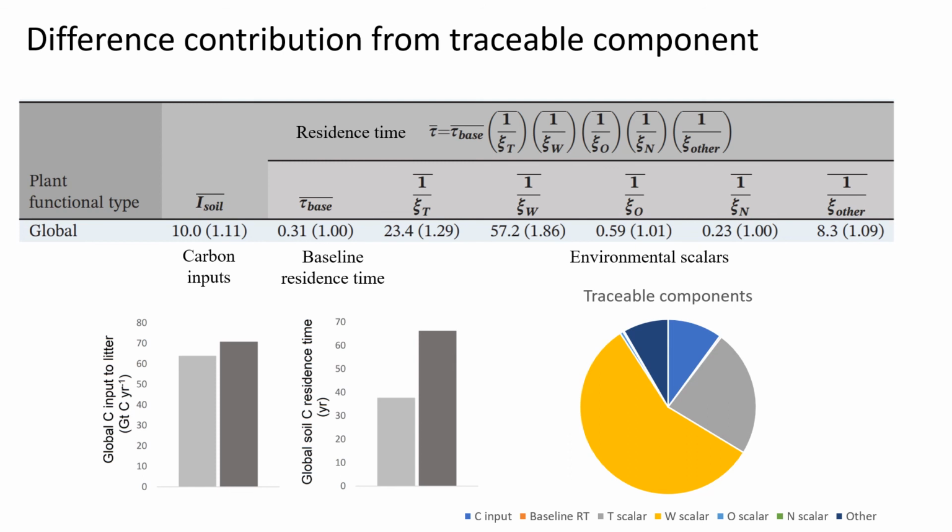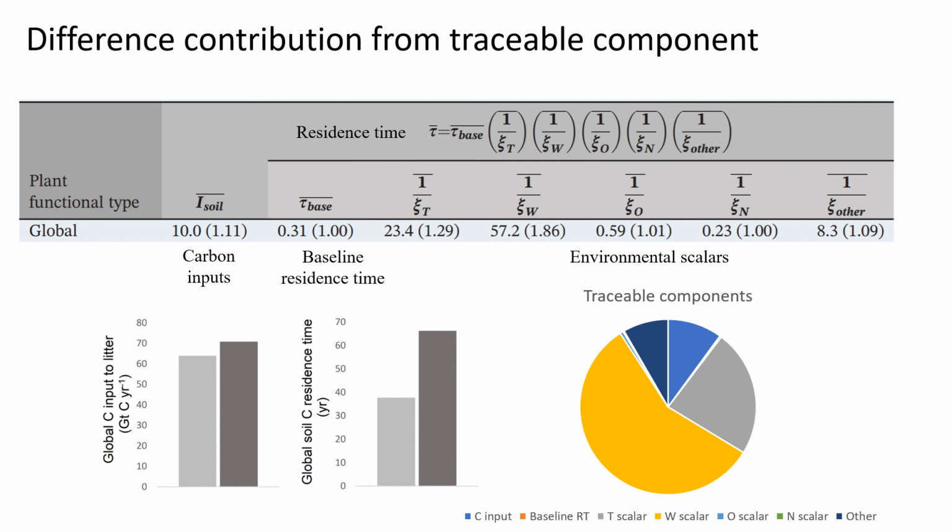Now we can focus on residence time. The carbon residence time can be further decomposed into environment scalars and the baseline residence time. Specifically, differences in total soil carbon storage can be quantitatively attributed to differences in carbon input, baseline residence time, temperature scalar, water scalar, oxygen scalar, nitrogen scalar, and other scalar respectively.